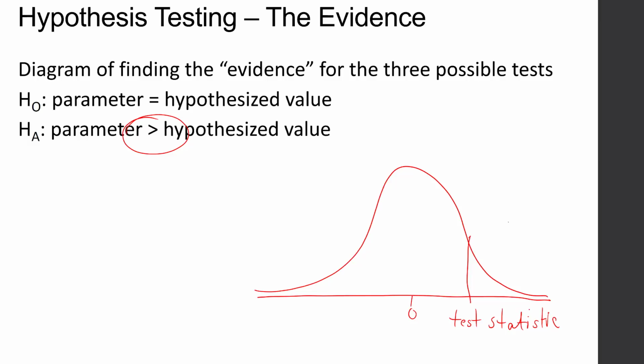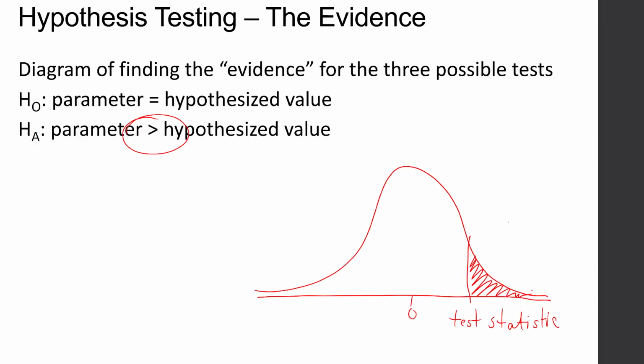But the further away it is from 0, the more evidence we have against the null hypothesis being true, the more rare the result is if the null hypothesis were true. So in this case, if it's a greater than alternative hypothesis, we could look at the evidence of being that extreme or more in that direction of the alternative hypothesis. So remember, this distribution that we drew is under the assumption that the null hypothesis is true.